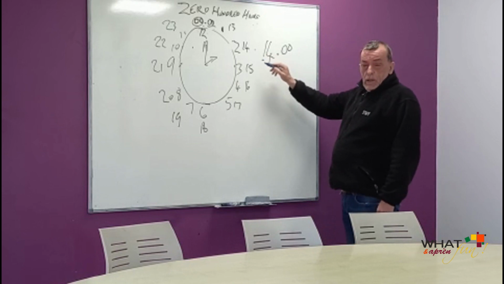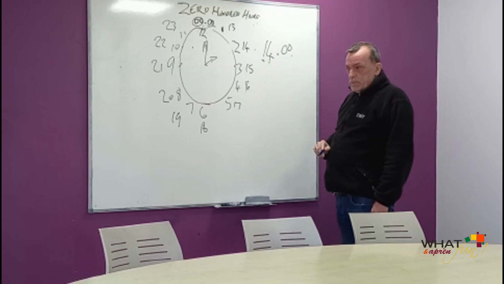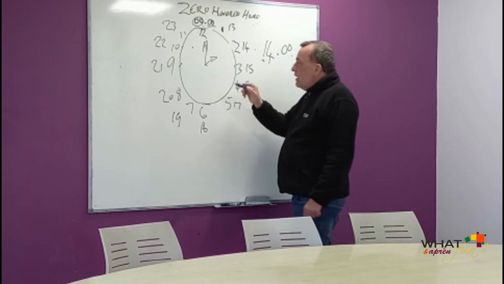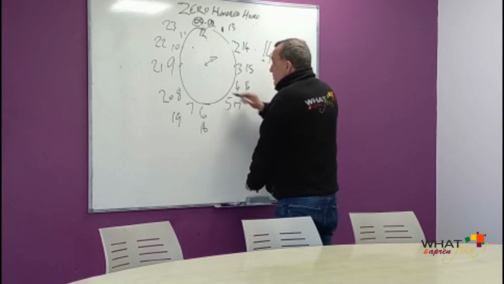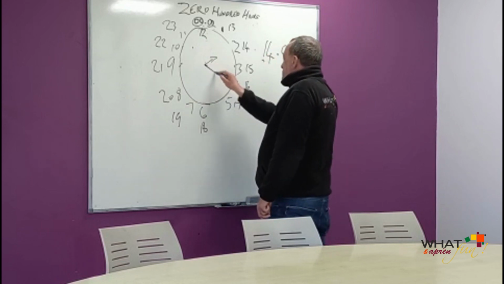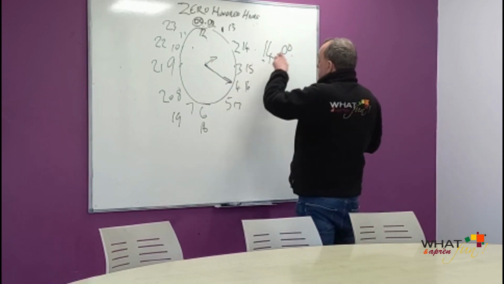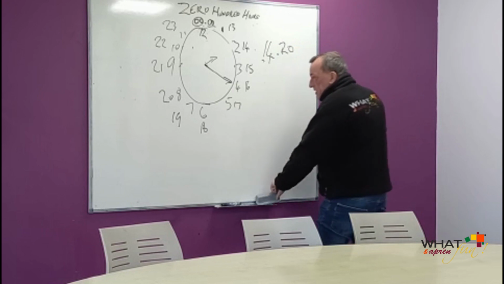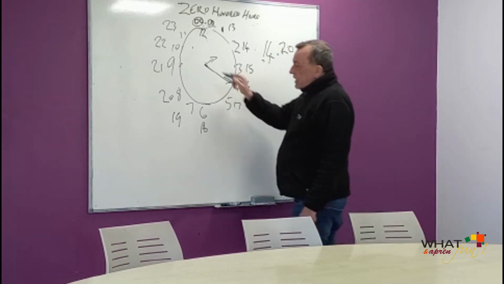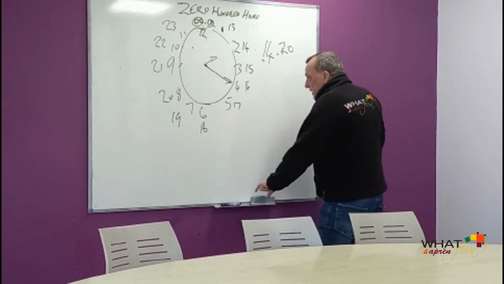It'd be 1400 hours, yes? Let's say it's now 20 past 2 in the afternoon. Obviously, we've got 20 minutes, so 1420. And again, 1445, 1450, etc. And that's how we say it.